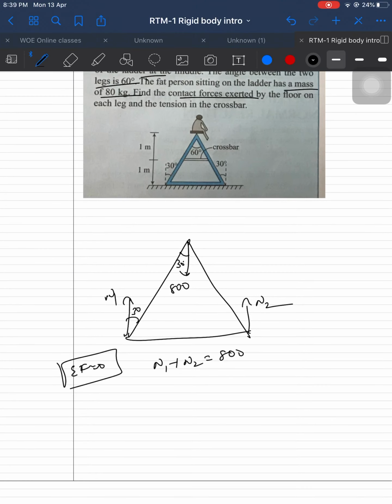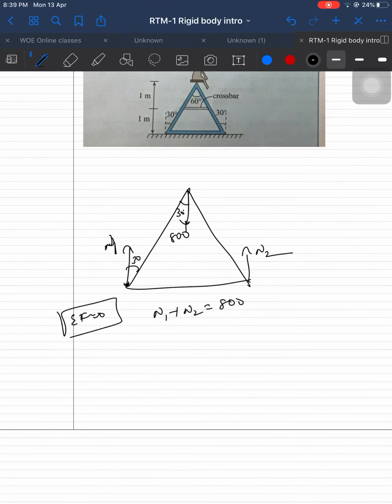Next, torque balance. About which point should we take it? We don't know N1 or N2. Consider any one of these two as one point. N1, take it as one point. And how much is the distance from here to here? As given, this is 2. And tan 30 is equal to x by 2.